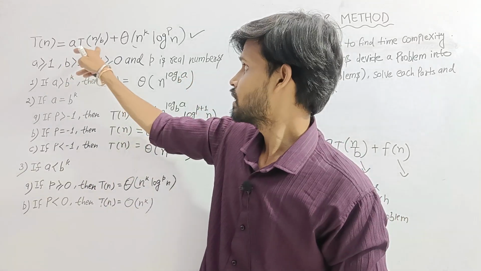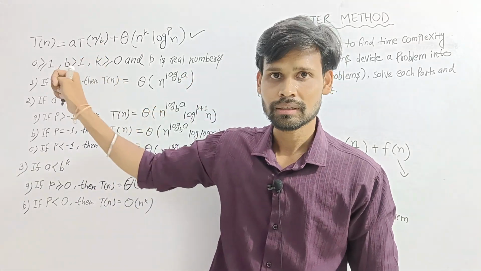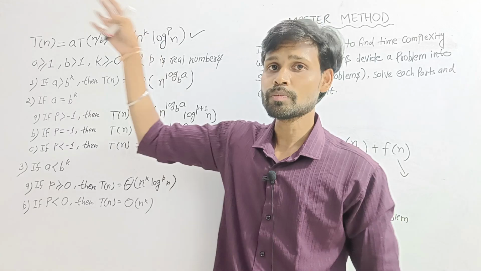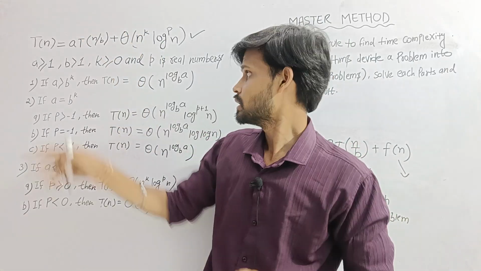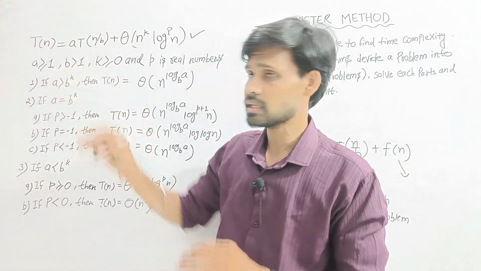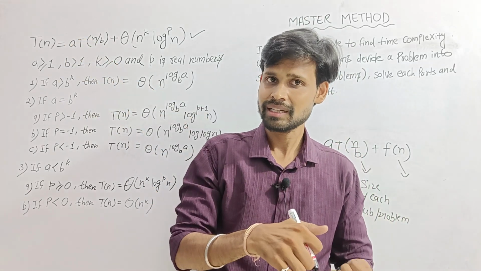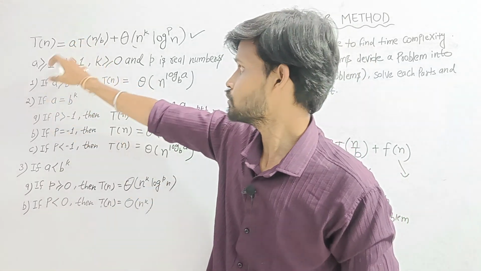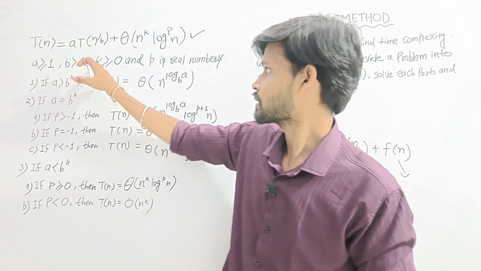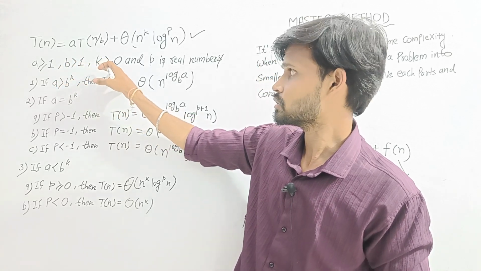If b is less than 1, the size of the sub problem will increase. If b is greater than 1, the size of the sub problem will decrease. So you have to take b greater than 1. And k greater than or equal to 0.